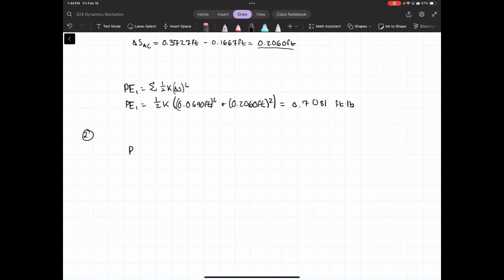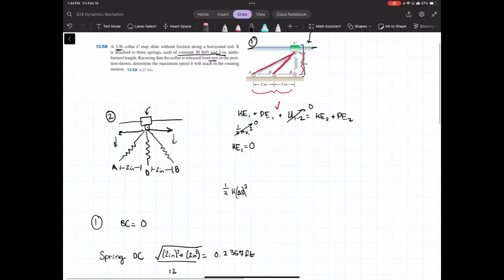So we'll start with our potential energy again. We have that PE2 is going to be equal to 1/2 K times the sum of the delta S's squared. So this time, spring DC is going to be unstretched, so that delta S will be 0. And then spring AC and BC are going to be stretched the same length, just in different directions.